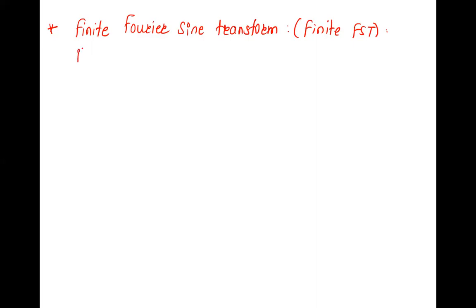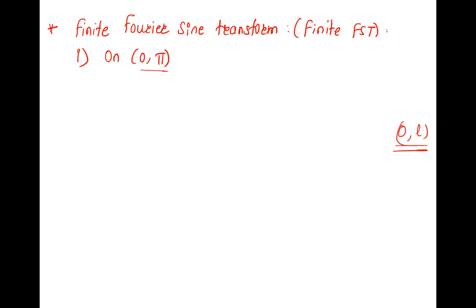The first is on the interval 0 to pi, meaning the interval has pi, like in the series, minus pi to pi. And the second type is arbitrary, where we have seen 0 to L. So the first has pi, and the second does not have pi.